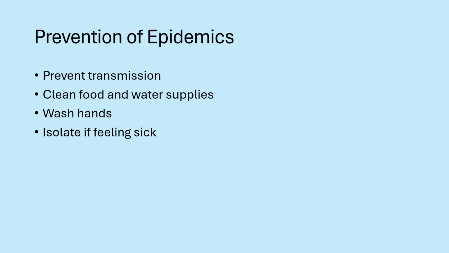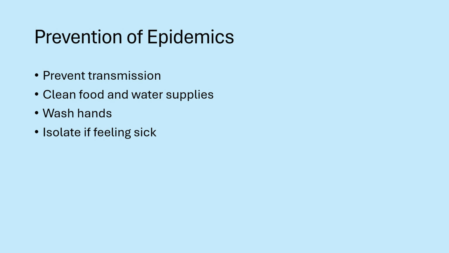Because a lot of things are transmitted by contaminated water and contaminated food sources, make sure that those sources are clean. It is something that we find after any natural disaster. It is so important to make sure that you have a clean water supply so you're not having an outbreak of diseases on top of whatever the initial natural disaster was.